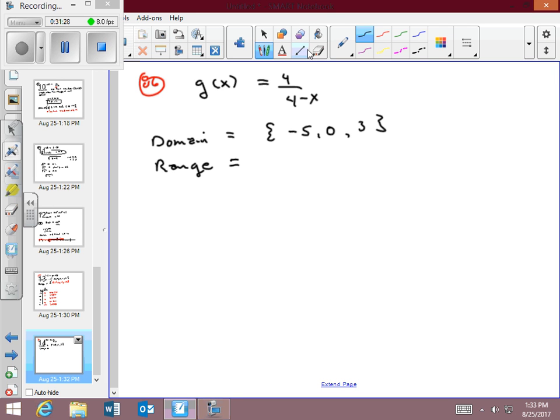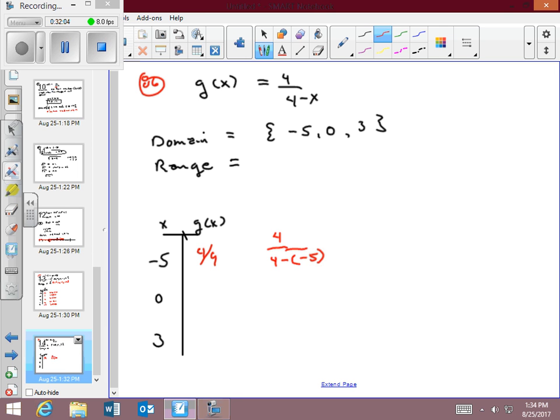And so what you want to do is put your x in the g of x, and for x put minus 5, 0, and 3. And then do 4 over 4 minus a minus 5, right? Well, that's 4 over 9. Correct?